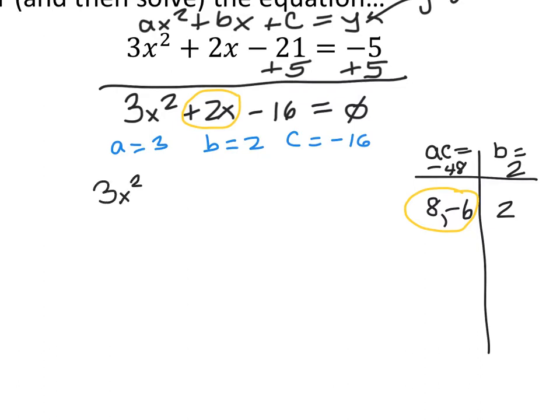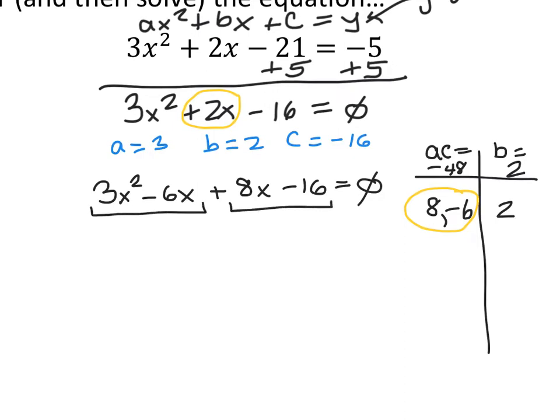I think because the coefficient 3 has something in common with -6, it might be more convenient to put the -6x first, but it does not matter. As I said, you will end up with the same exact result. It just makes it a little bit more convenient. So we've got factor by grouping set up.